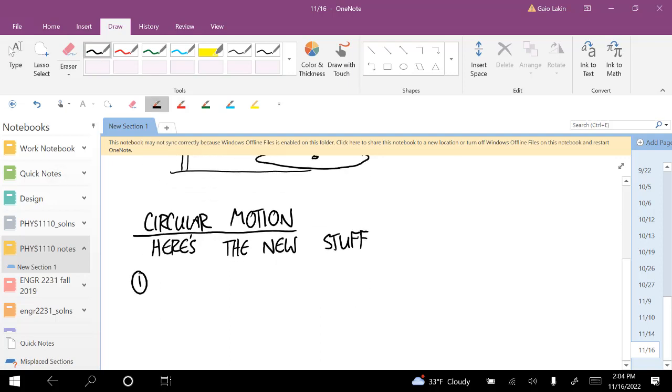The first one, in labs, we've been talking about this a-parallel thing that makes things change speed. In circular motion, a-parallel is called the tangential acceleration.